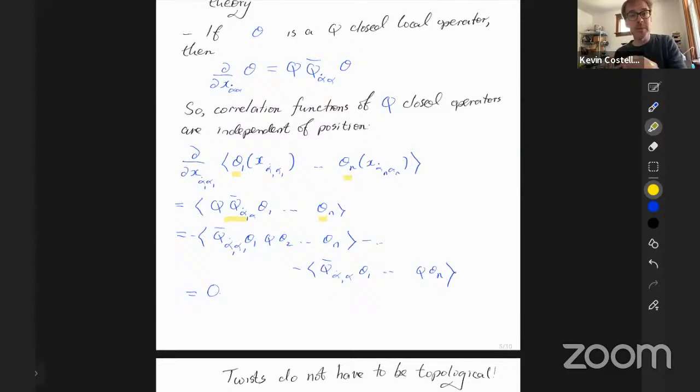But they're all Q closed, so that's 0. So this is a summary of Witten's construction of the late 80s, that by performing this topological twist procedure, we find special operators have correlation functions which are independent of position. This is a very unusual feature, and it's a hallmark of having a TFT.